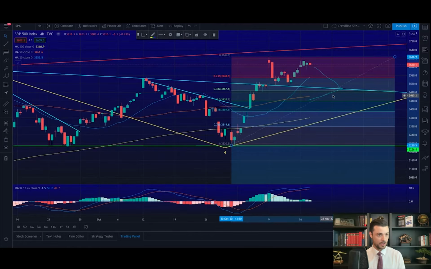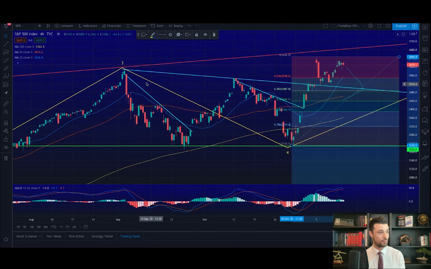So for example, here, what I can see is that if the market comes here, so on the 24th, 25th of November, so next week, if the market comes to 3,500, it would actually be a very nice level to buy, because we would be retesting the trend line that we broke 2 weeks ago.